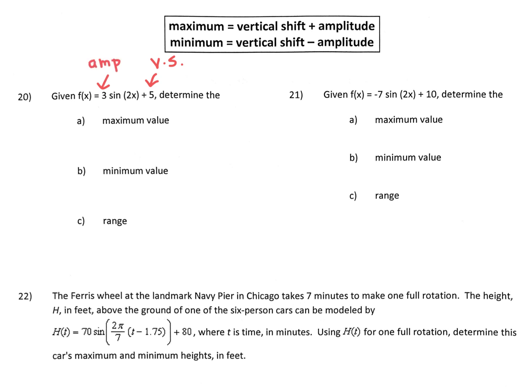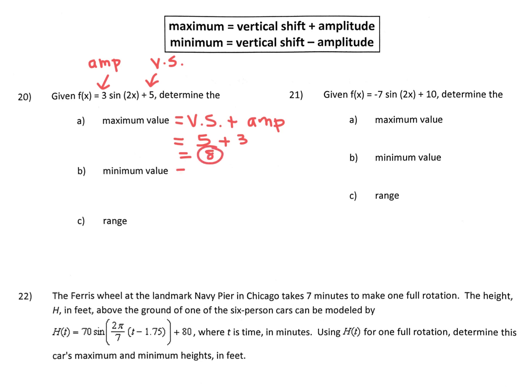Okay, so if we were going to do the vertical shift plus the amp, we would have 5 plus 3, which would be 8. So 8 would be the maximum value.